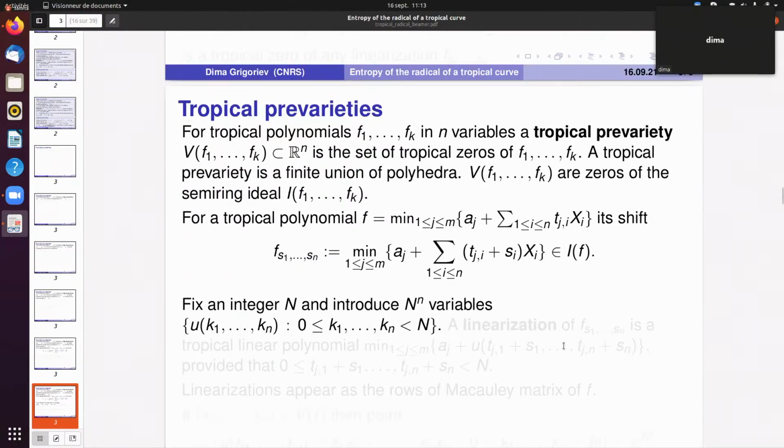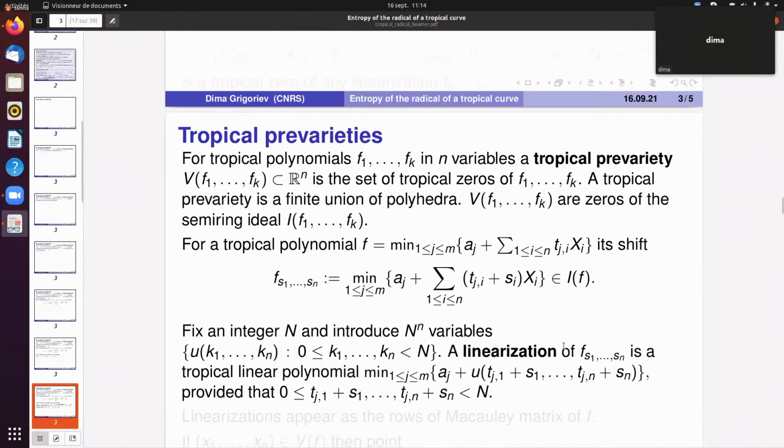We need what we call the linearization. What we do now is replace the monomials by new variables. This is a standard thing which is done in commutative algebra. If in commutative algebra we have an ideal of polynomials, we view it as a subspace in the space of polynomials with the basis of monomials.